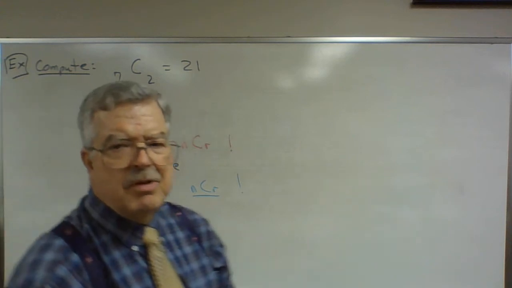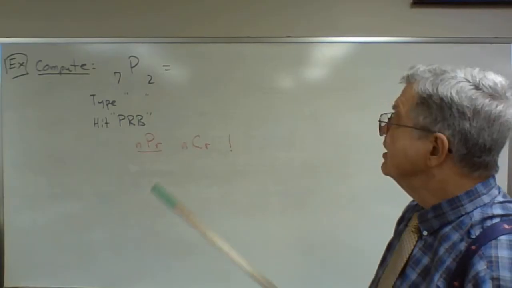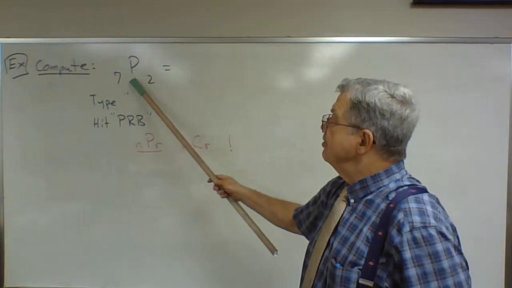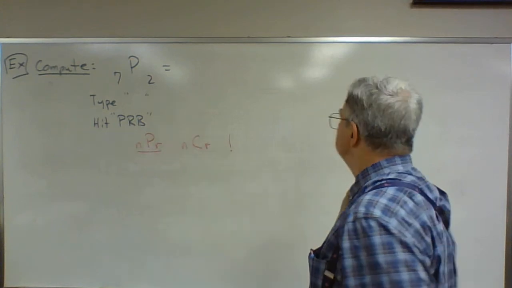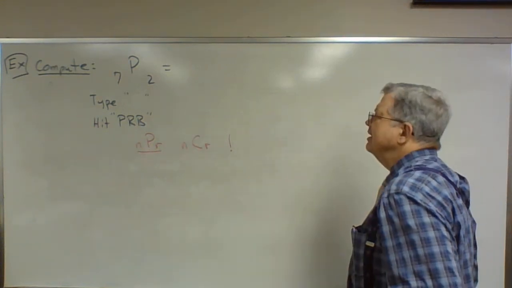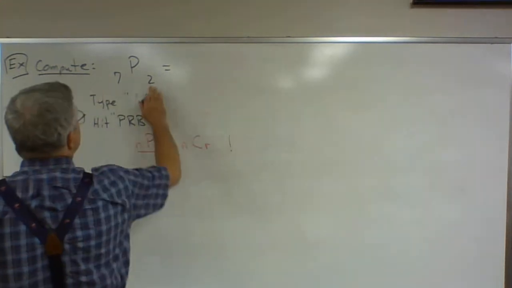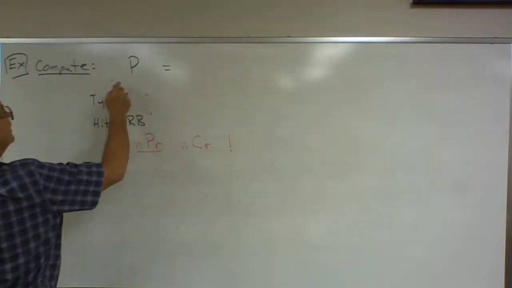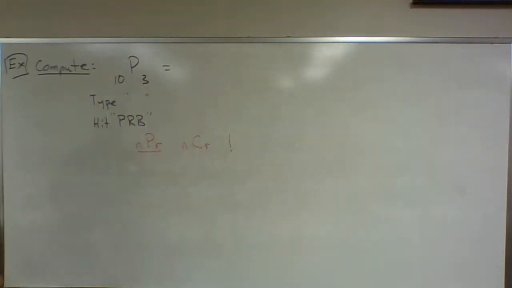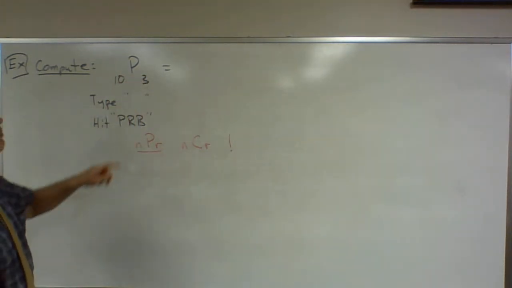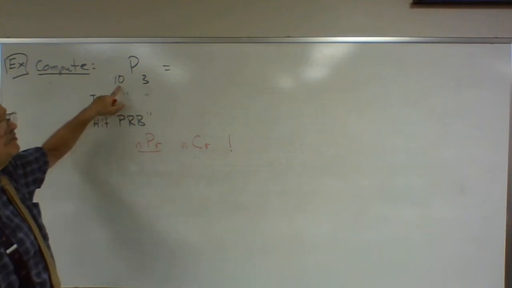One more example, but let's do the permutation this time. Compute the number of permutations of 2 elements. Is that what I want? I don't think so. Let's do something a little bit more challenging. The number of permutations of 3 elements selected from a set of 10 elements.